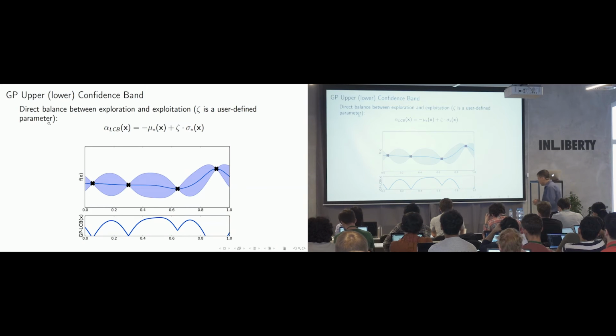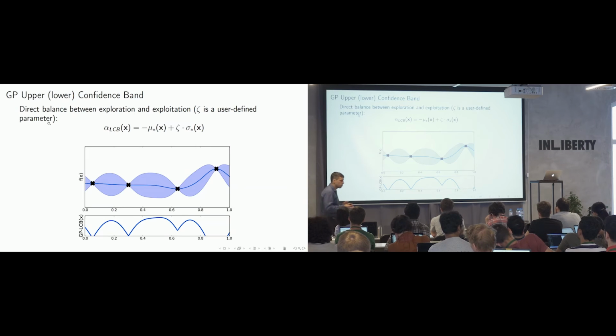Then, either we stop the overall process because our budget is already finished, or we evaluate at this new point the real function value, add this point to the sample, recalculate the approximation, and iterate.